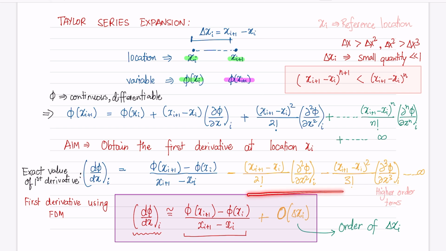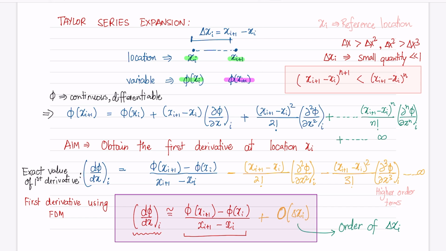So of all the different terms that we have truncated, it is very likely that this particular term has the largest magnitude, and the largest magnitude term contains delta x in its coefficient. That is why we say that the order of the truncation error, or the order of the error associated with the truncated terms, contains delta x as the primary source.